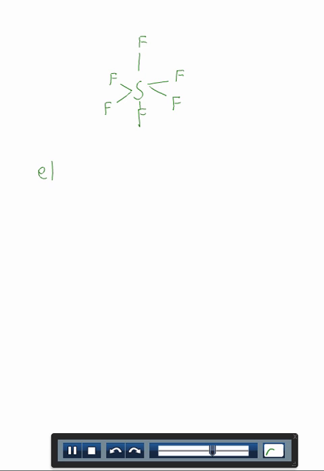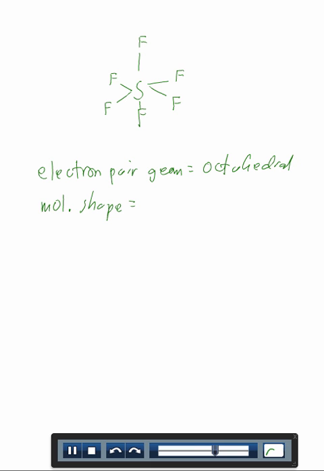So the electron pair geometry is octahedral, and the molecular shape is also equal to octahedral because we have 6 bonding pairs. So you might notice that whenever we don't have any non-bonding electrons, the electron pair and the molecular shape geometries are the same.